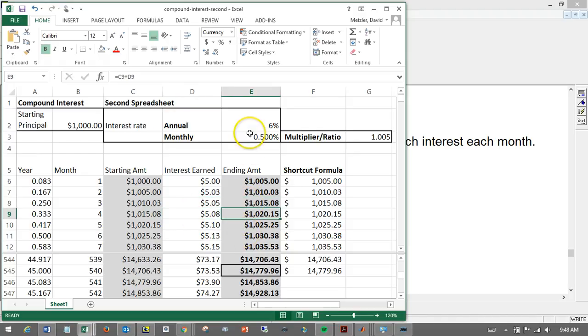So for example, if we took this out really far, 6%, again, not a ridiculous interest rate, 0.5% monthly interest, in other words, a multiplier of 1.005, after 45 years, say this is like a retirement account, you got almost $15,000 in there. That's not bad, starting from $1,000. Okay. All right, so that's it.